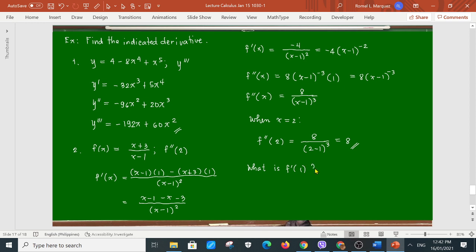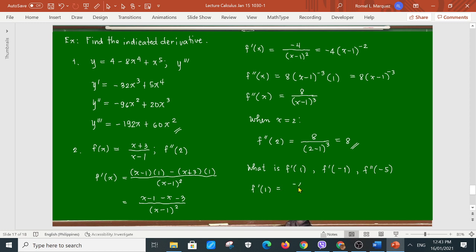F prime of 1, f prime of negative 3, and then also f prime of negative 1, f double prime of negative 5. Let's see. We have f prime, so we go to f prime. What does f prime say? F prime of 1.